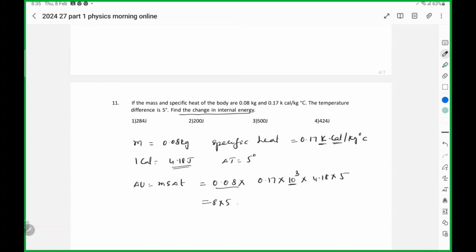So one more 10 is left over. So 1.7 into 4.18. 40 into 1.7, 68 into 4.18. Roughly 200, 240 plus 32, it is nearer to 284 joules.